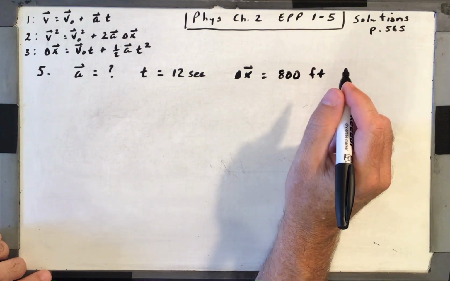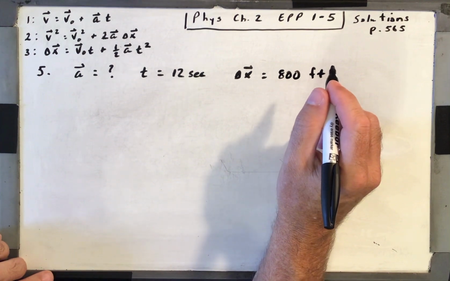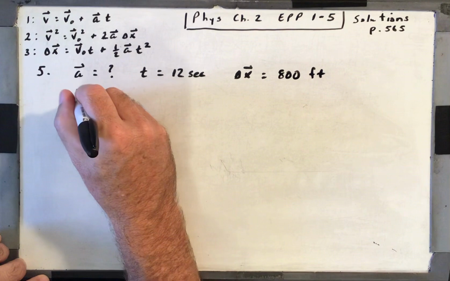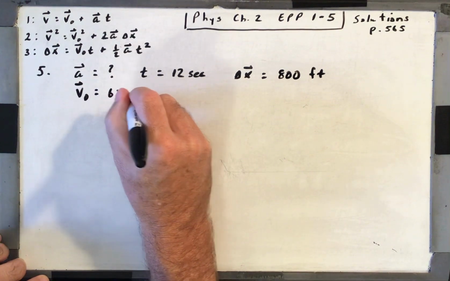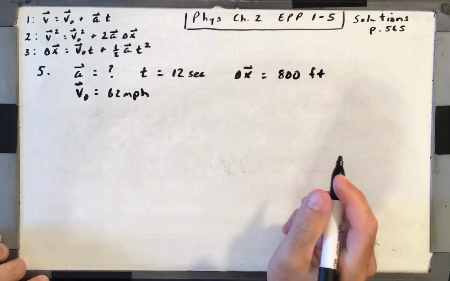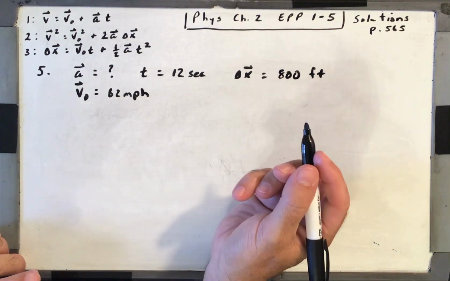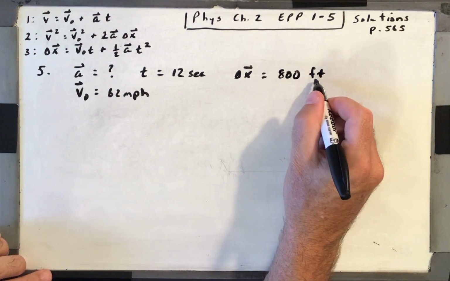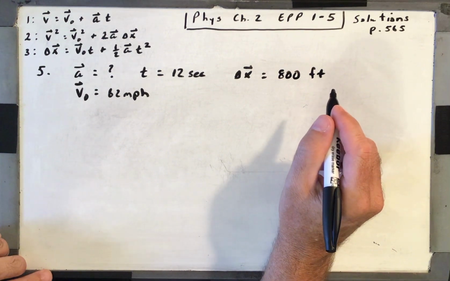And we know that the initial velocity is 62 miles an hour. Okay, so first of all, let's take that 62 miles an hour and get it into feet per second, because time is in seconds, displacement is in feet.